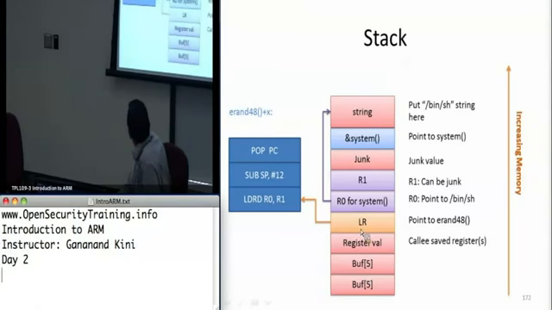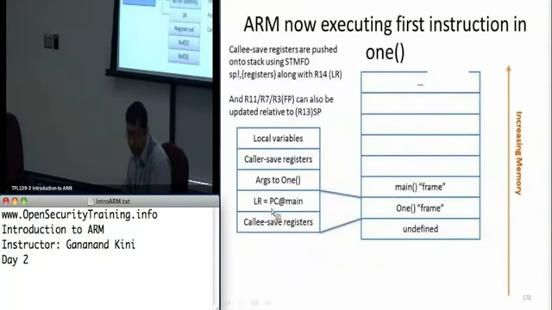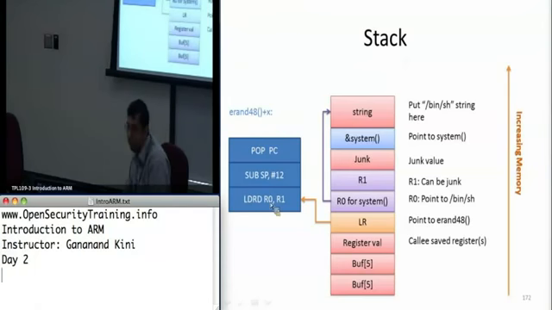So once you have the link register pointing to this, when it pops off, if you remember from our stack here, once it pops off this link register back into PC, it's going to jump into ERAN48 plus X, and it's going to load LDRD R0 R1.